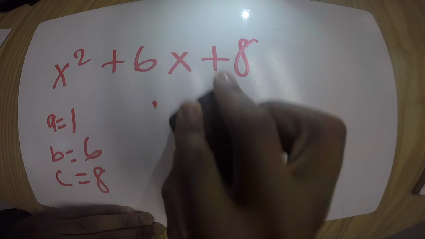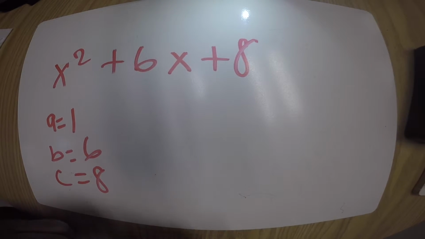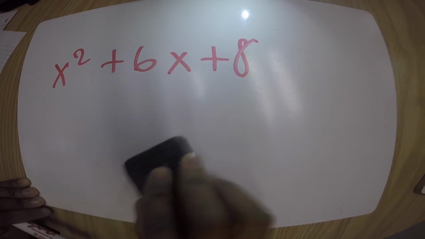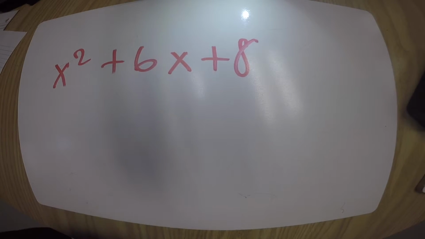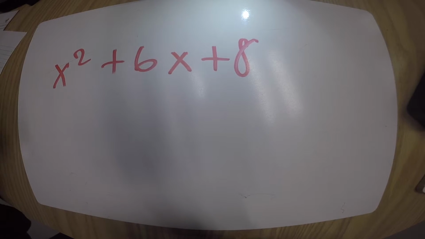B tells you the y-intercept. Okay, so if A is equal to 1 or negative 1, then our graph will be standard. And this is 1, so it's standard.